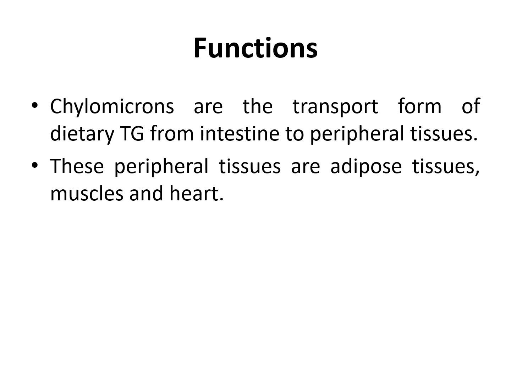So chylomicrons are the transport form, and the peripheral tissues are adipose tissue, muscles and heart. Adipose tissue is for storage, and muscles and heart are for energy purposes. So these are the functions of chylomicrons.